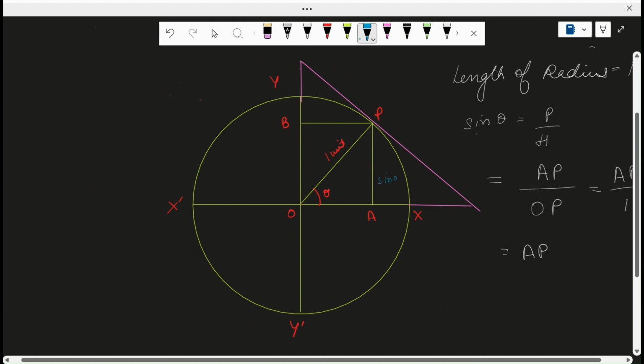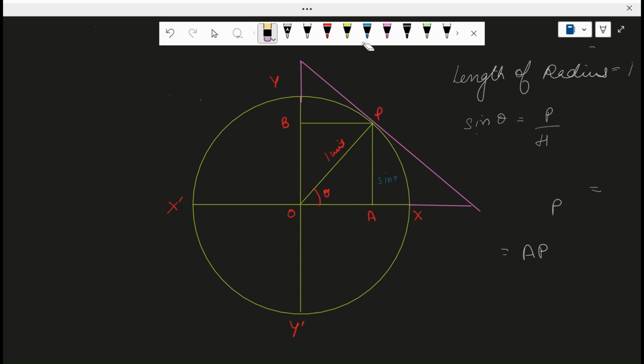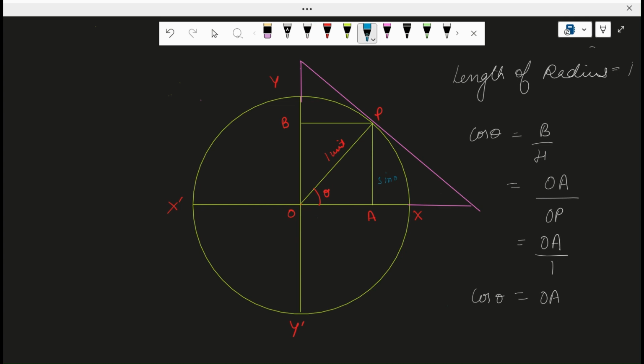Let us now calculate cos theta. Cos theta is equal to base upon hypotenuse. This means our base here is OA, hypotenuse again is OP, so we have OA upon 1, therefore OA will be our cos theta. Let us mark OA as cos theta.